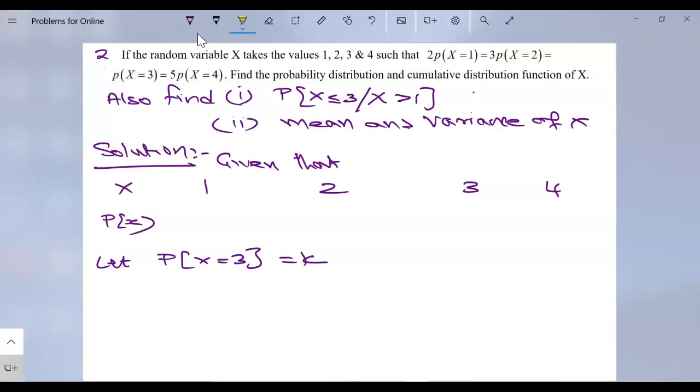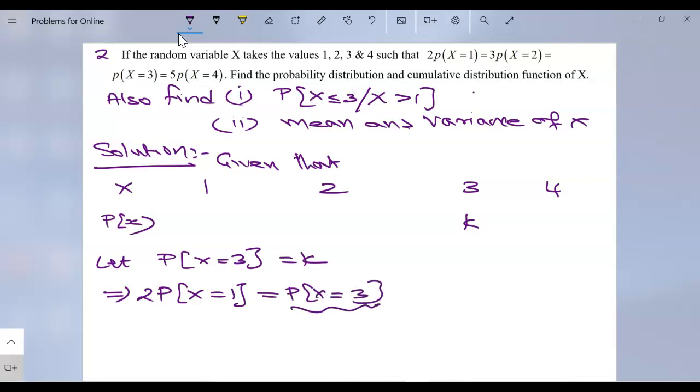So the value I have chosen here is k, and the rest of the values we will find in terms of k. See the highlighted part: 2 times probability of X equal to 1 is equal to probability of X equal to 3.